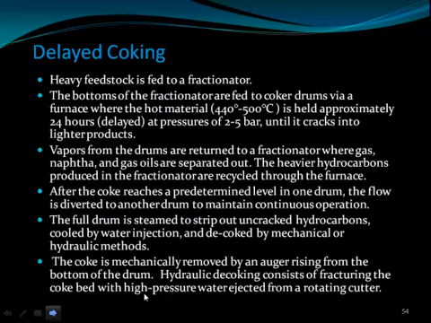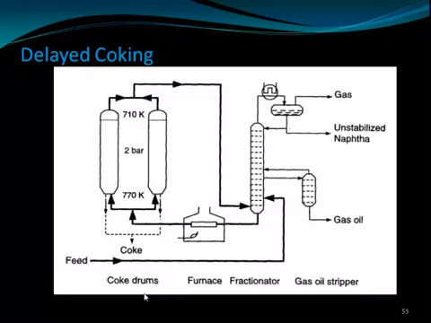So here is the delayed coking. In this one the heavy feedstock is heated very slowly. As it is heated very slowly, the higher molecular weight material may separate into lighter components, and that's why it is called delayed coking. It is done to improve the characteristics of the heavy crude oil.